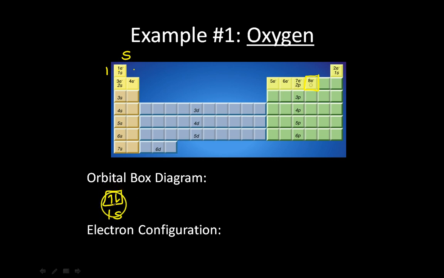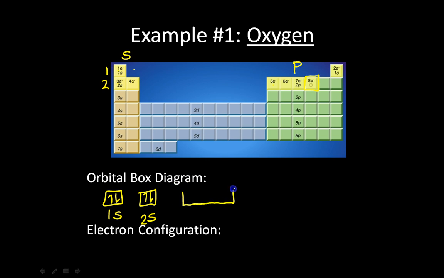And you can either draw half arrows or full arrows. So after those 2, then we'll go over here and put electrons 3 and 4 into the 2s orbital. So draw those 2 arrows. After electron 4, we'll jump and put 5, 6, 7, and 8 into the 2p orbital.